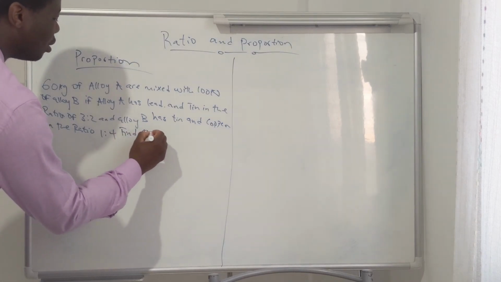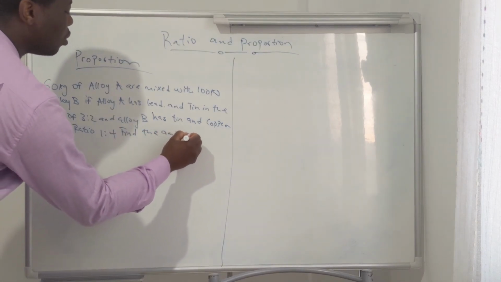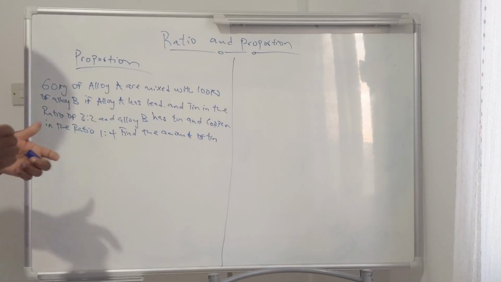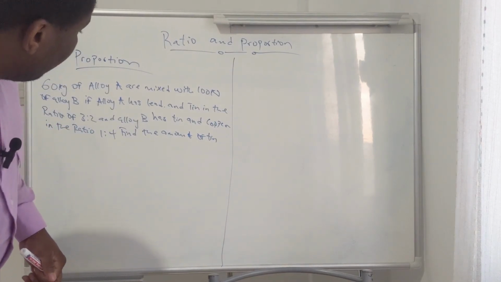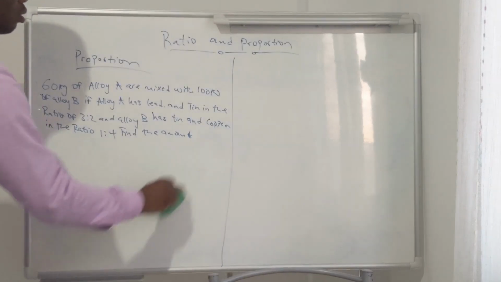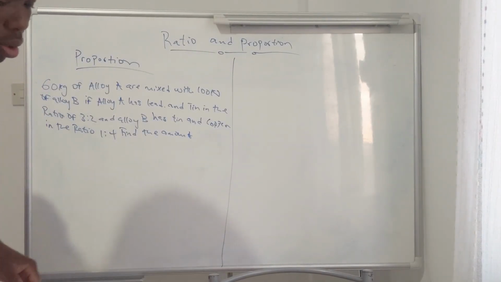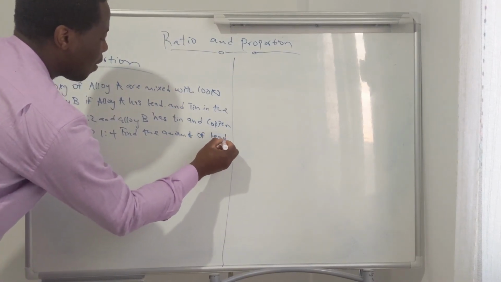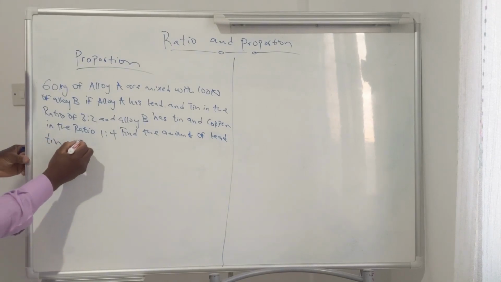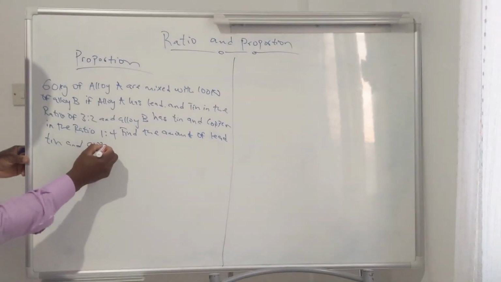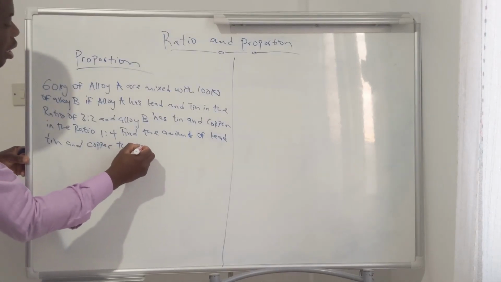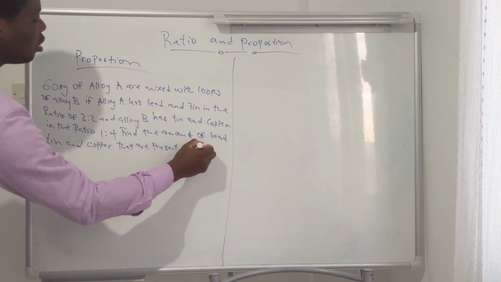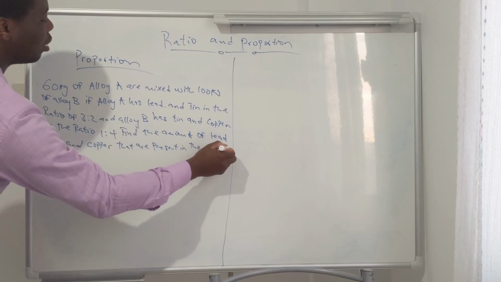Find the amount of lead, tin, and copper that are present in the new alloy.